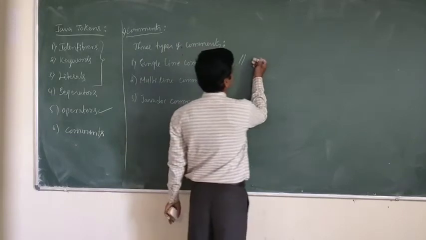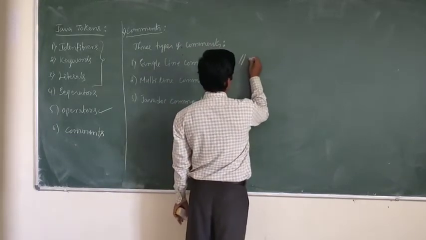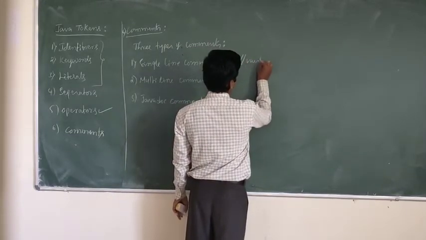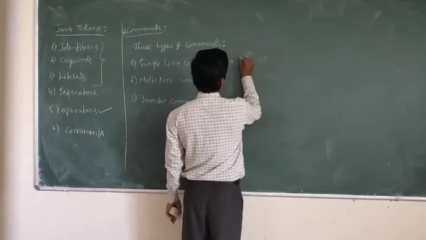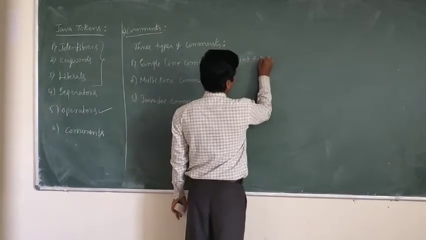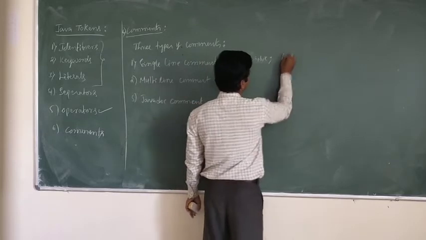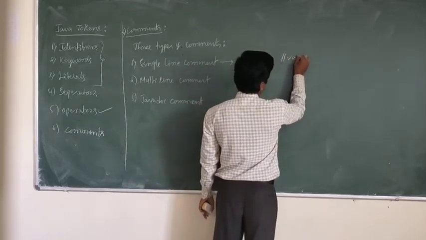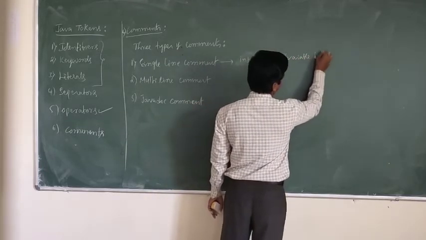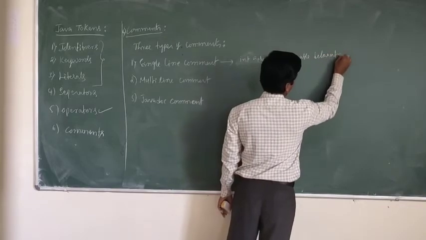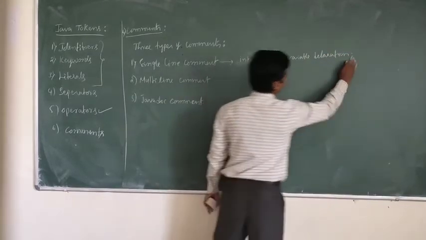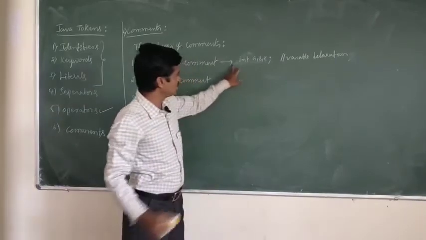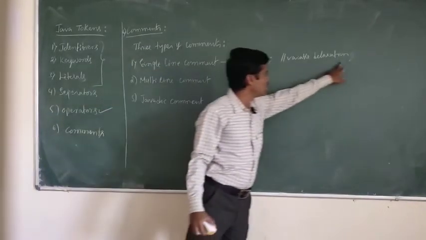For example, if you write int a, b, c, here you can write a comment: this is a variable declaration. What does this line indicate? This is a variable declaration.